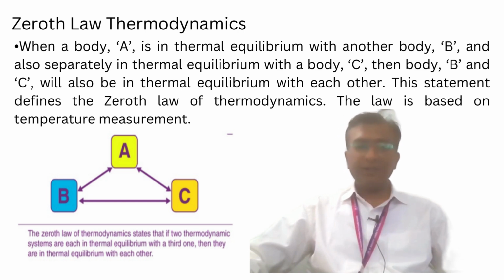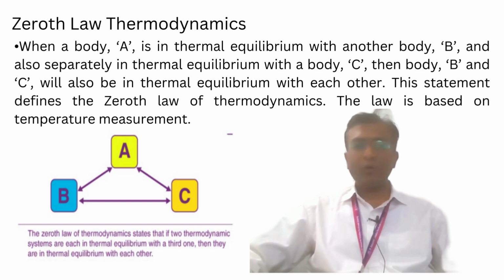In simpler terms, if two systems B and C are each separately in thermal equilibrium with a third system A, then they must be at the same temperature and they will be in thermal equilibrium with each other.